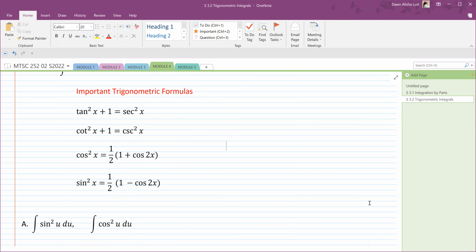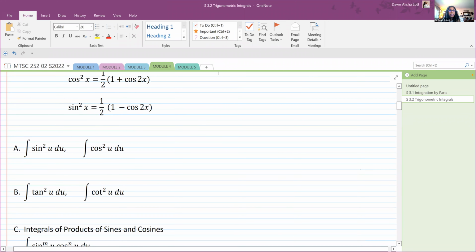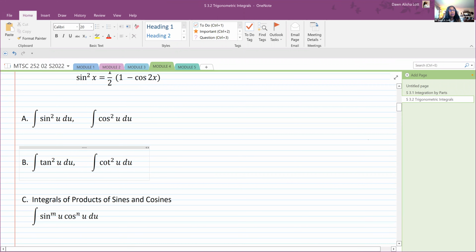Okay, so to integrate, he showed you how to integrate these 4 problems. And so then we got to integrals of products of sines and cosines.